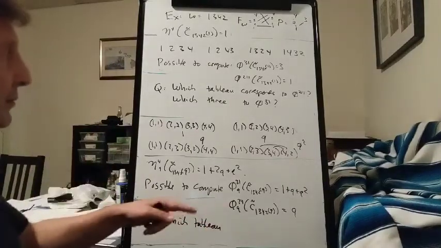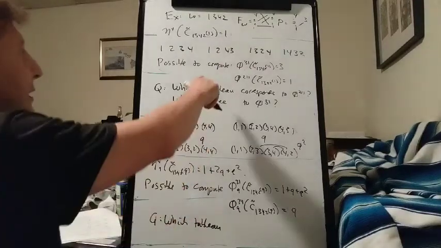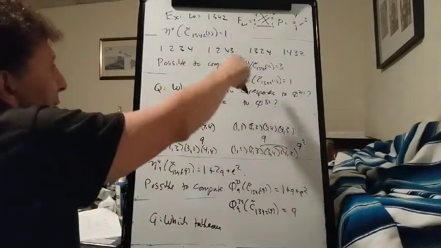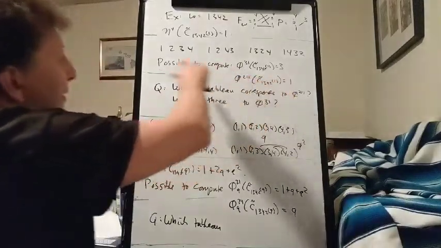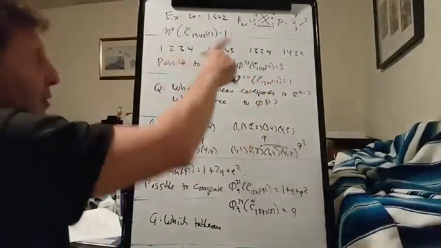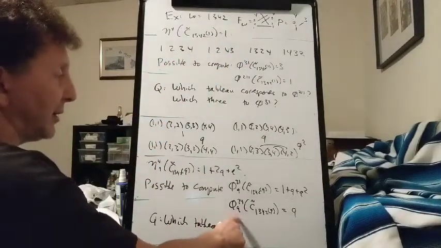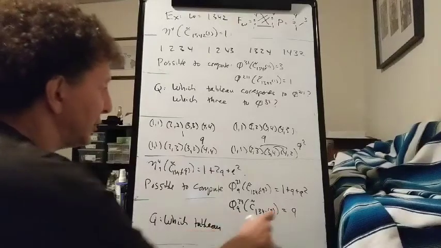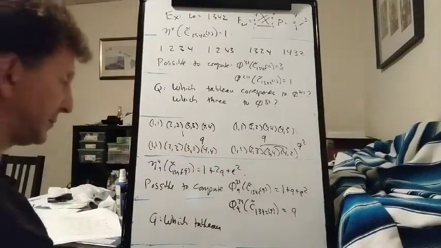Now since we've got Q's in here, we're narrowing things down a little bit. When we ask which one tableau corresponds to phi 2,1,1 evaluating to 1, all four of them look maybe equally likely. But here, we know that that one tableau is going to give us a statistic of Q. So it's either this tableau or that tableau.